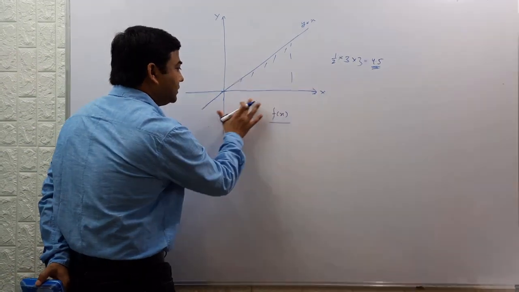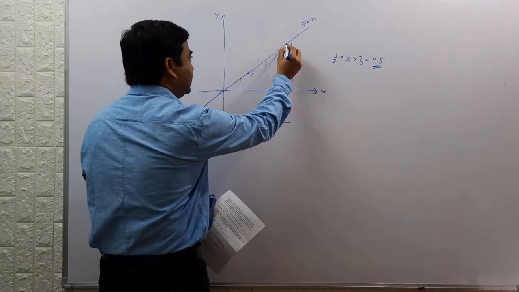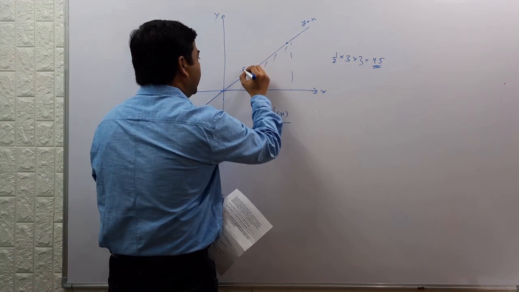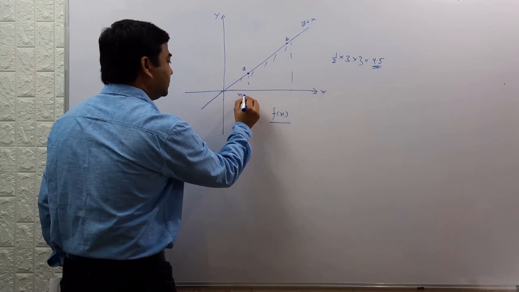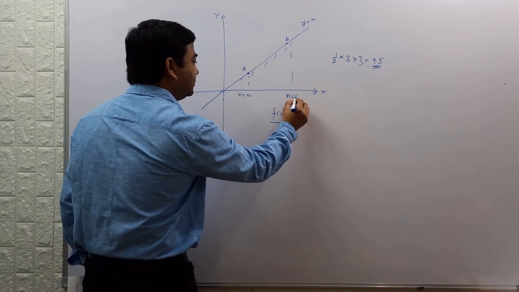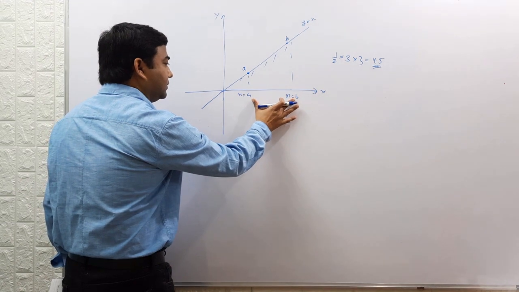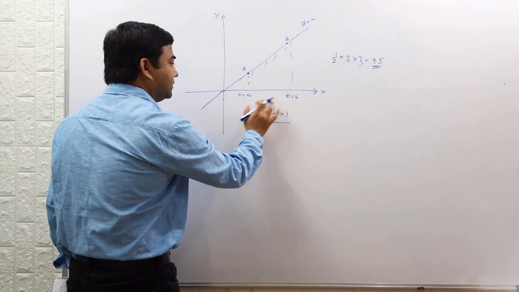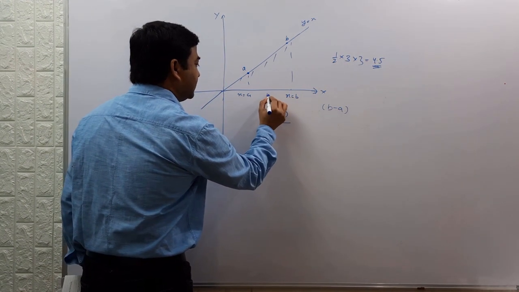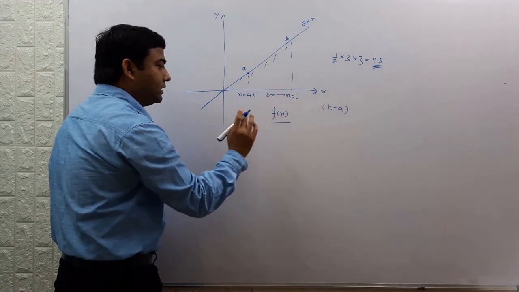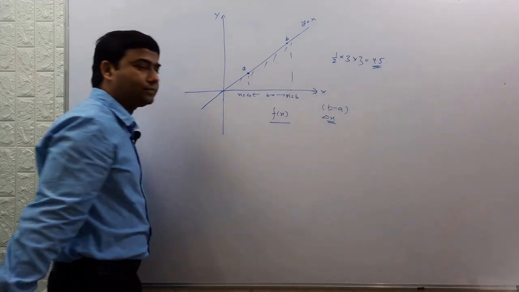So we have divided the whole length, let this be the point A to B, x equal to A, x equal to B. So let us say we have divided this length B minus A in small lengths called delta x.